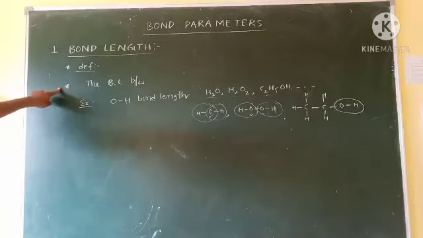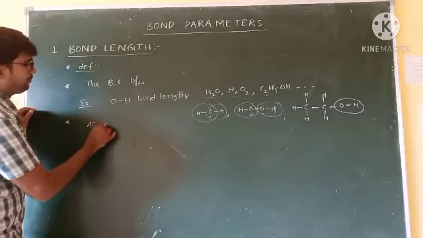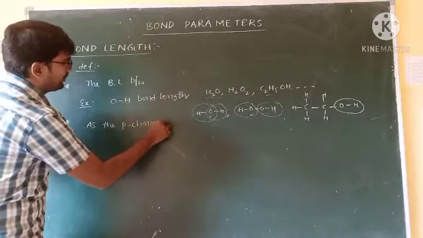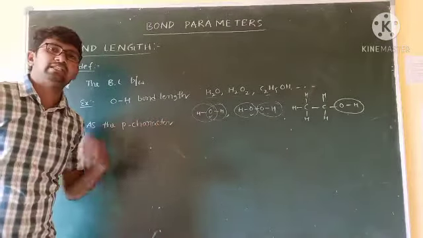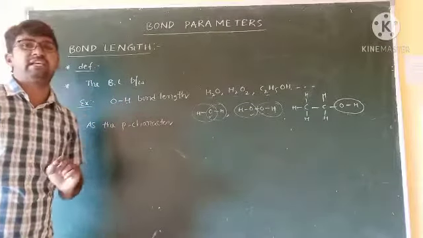Now come to the third point. As the p character of hybrid orbitals changes, we know that there are sp, sp2, sp3, sp3d2. So what percentage of p character?